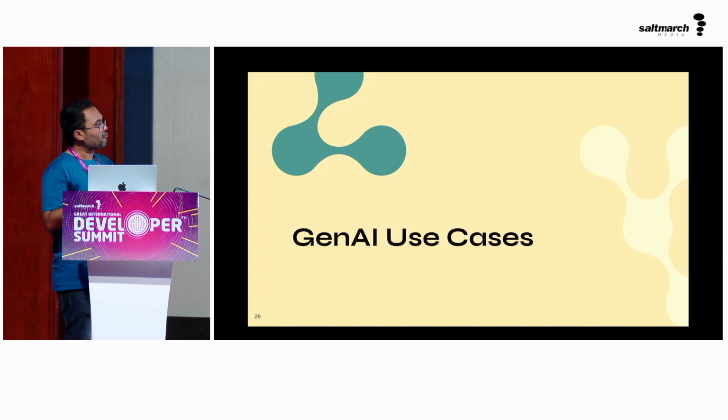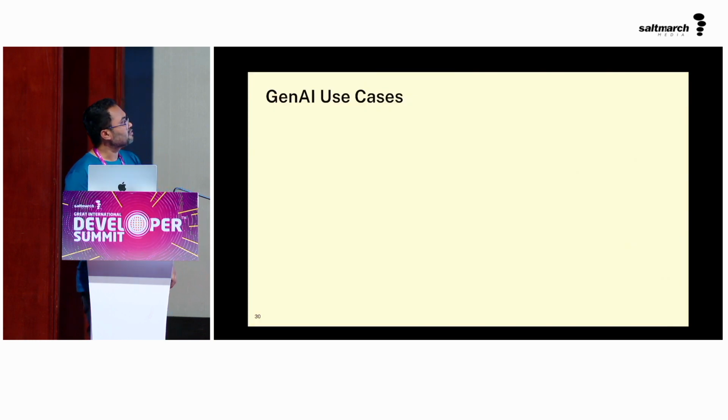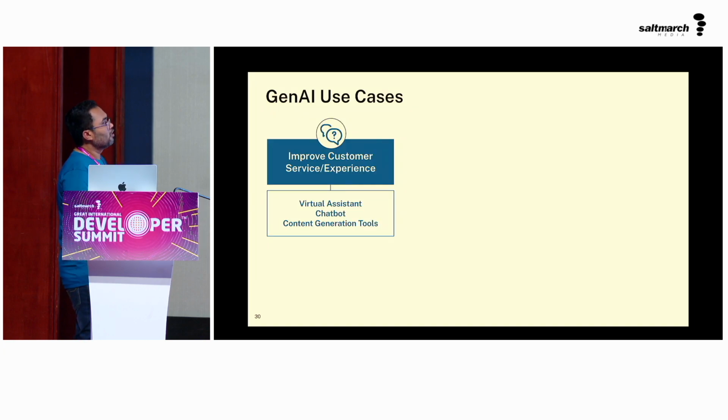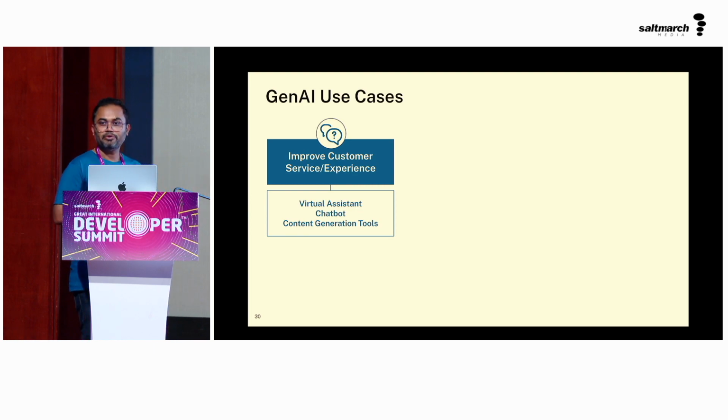Now, just talking about some of the GenAI use cases, how we can build multiple applications on multiple fronts. You can use it for improving the customer experience or your internal employee experience by building tools like virtual assistants and chatbots. You can also build applications which can generate multiple kinds of content, be it unstructured or structured.